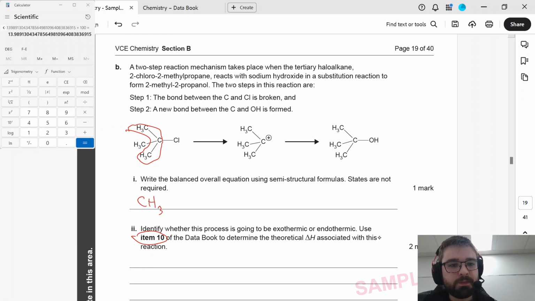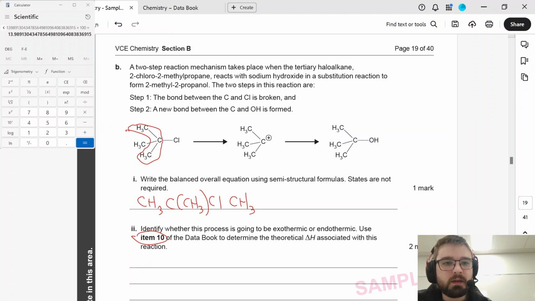So we've got CH3, and then we've got C, and then we've got a methyl group and a chlorine attached there, and then we've got a methyl group. And they react with sodium hydroxide. States are not required.